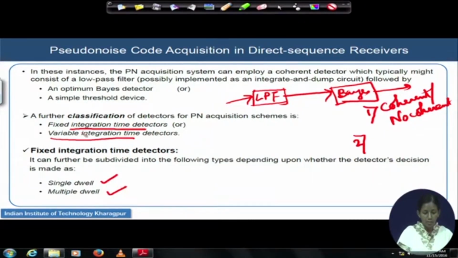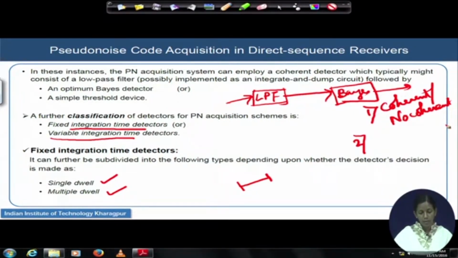We call this integration time the dwell, the time duration involved. If the integration runs over one time duration, we call it a single dwell time, and if the decision is taken over multiple such integrations, it is the multiple dwell time.